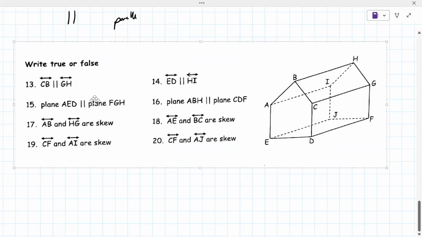All right. Go ahead and do a couple of these. Let me know what you come up with.